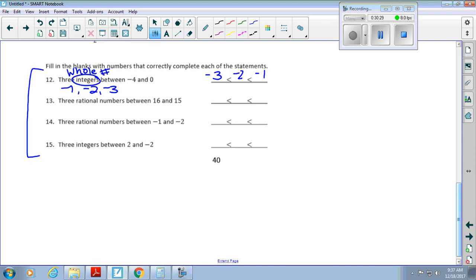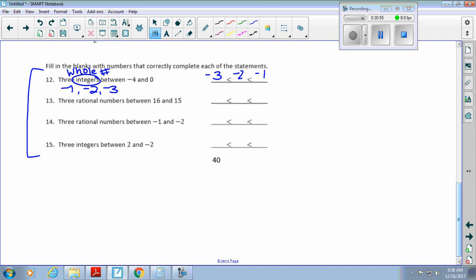Rational numbers. What does rational number mean? It's not a whole number. It's not an integer. So what must it be? Liz? Any number that can be turned into a fraction. Yep. So it could be a decimal or a fraction. Okay? So obviously there are no integers between 15 and 16.